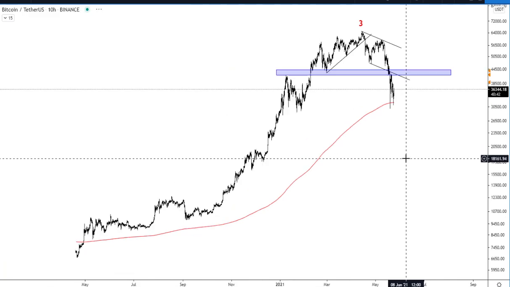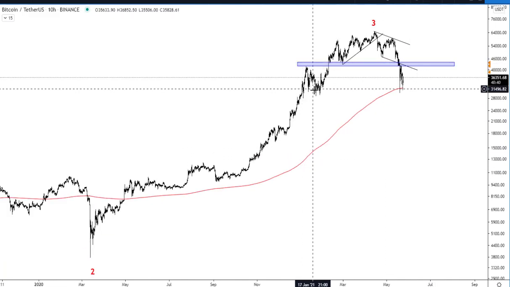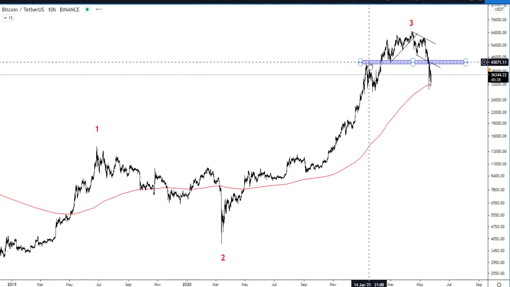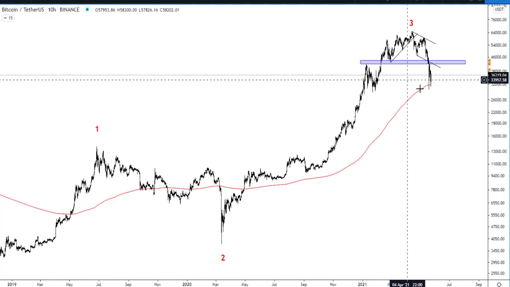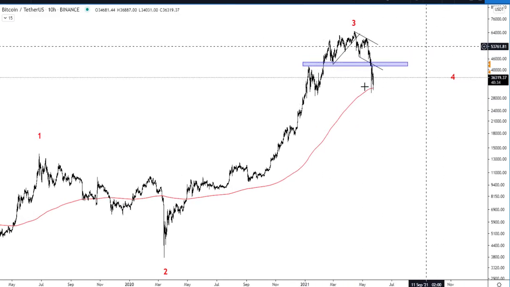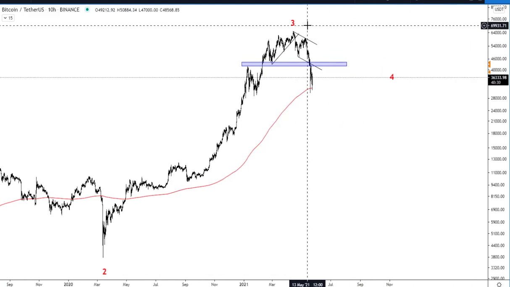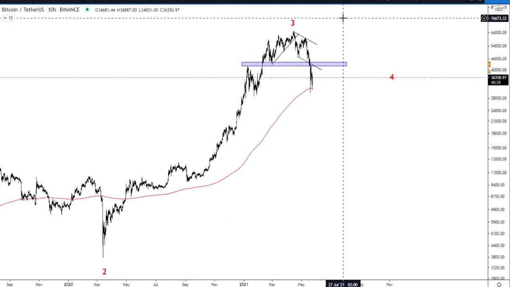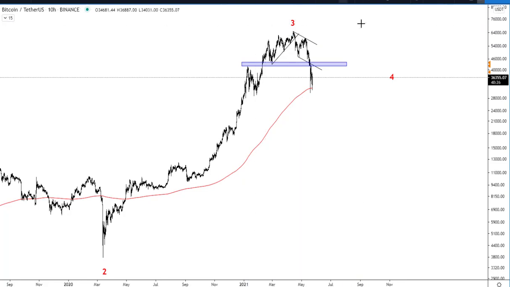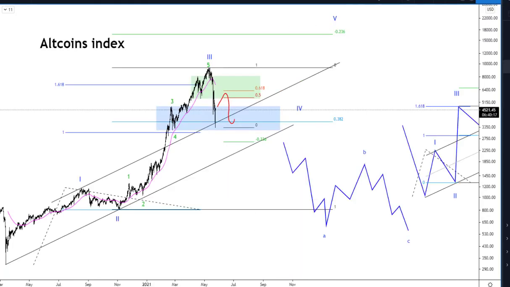I think it's a very strong support. Again, we are at the level of wave 4 of preceding degree. So I expect all of this is gonna hold, and more sideways again, it's gonna take time. We're not gonna moon tomorrow, we're not gonna die tomorrow, like the bull market is probably not finished.